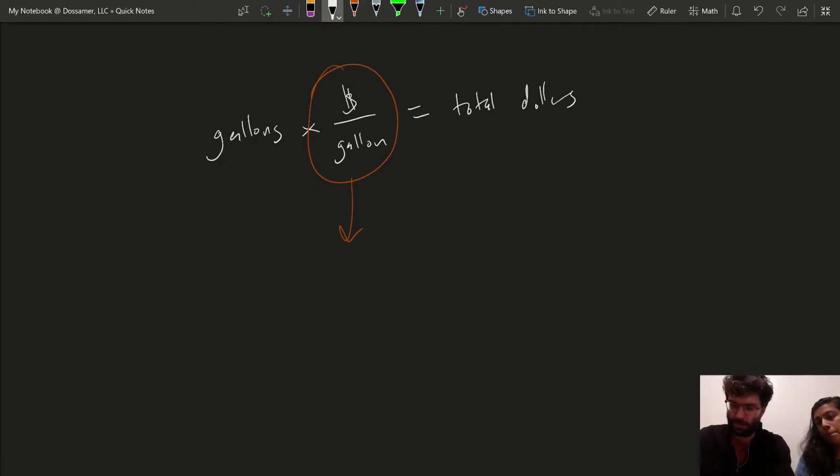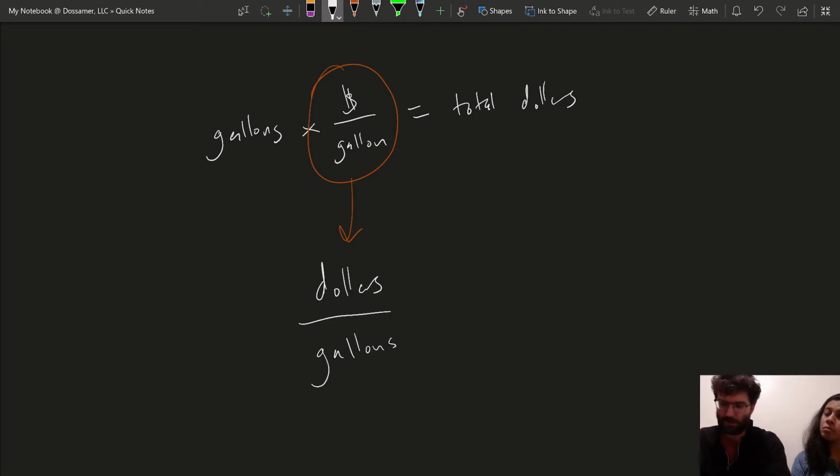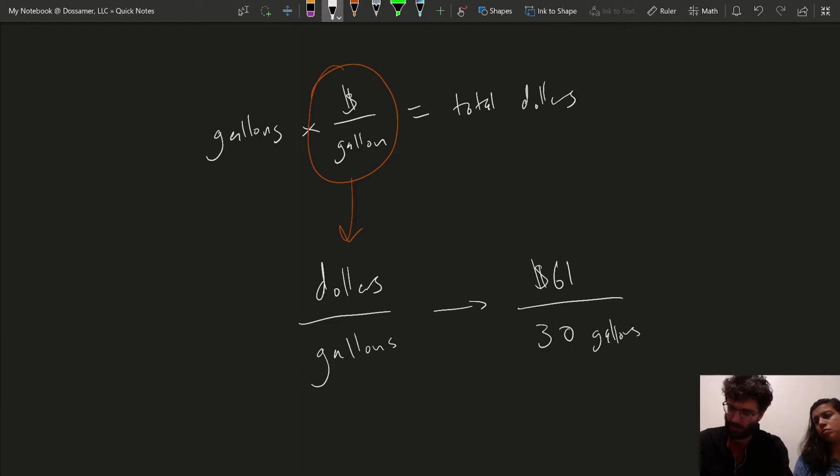But an important thing to look at is that the idea here, so there's focusing on this unit cost again. Something important about it is that it's a fraction. In the numerator we have dollars over gallons, and here's the thing.